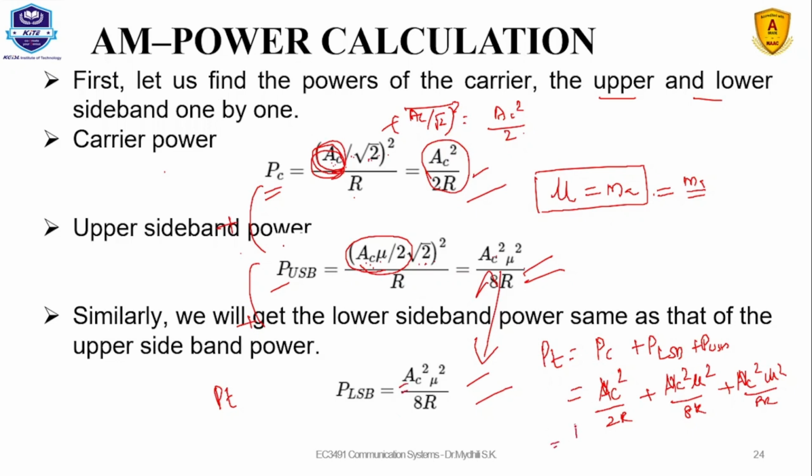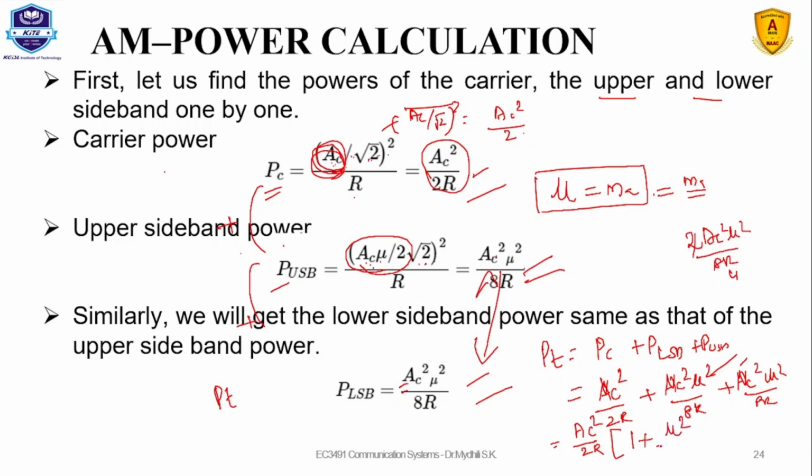So here you could see AC square by 2R is common to all. Take it outside, it will be 1 plus, here you can represent this as twice that of AC square mu square by 8R. Simply it will become AC square mu square by 4R. So already we have taken AC square outside.